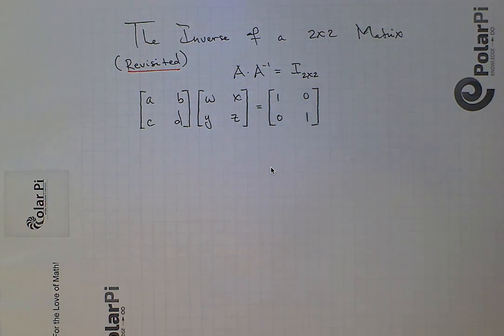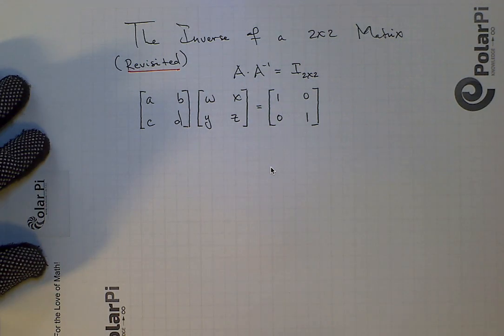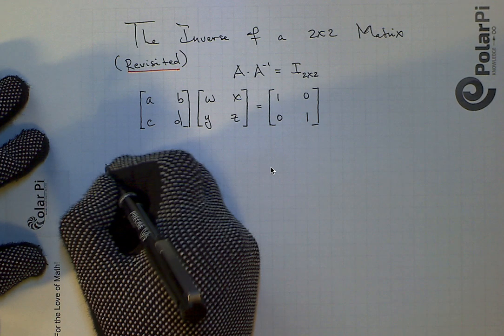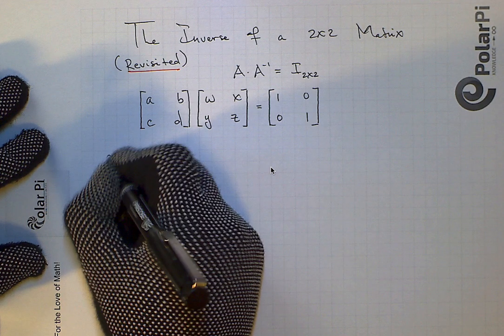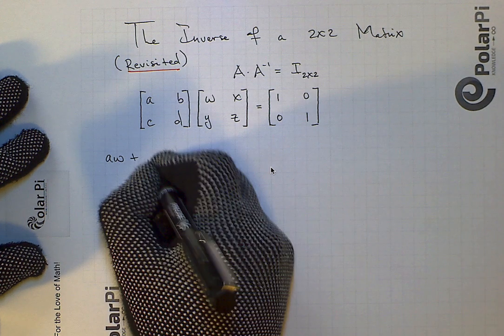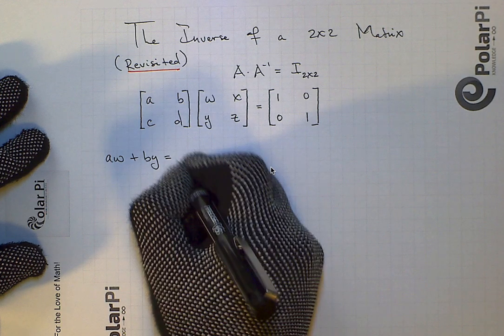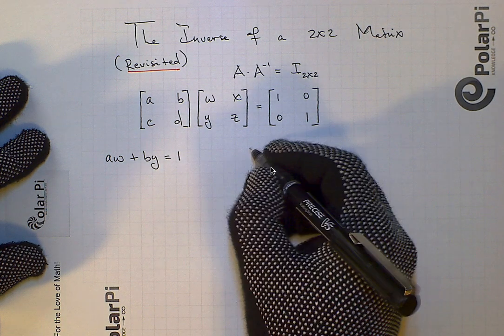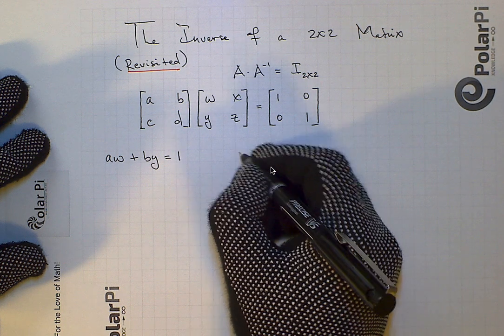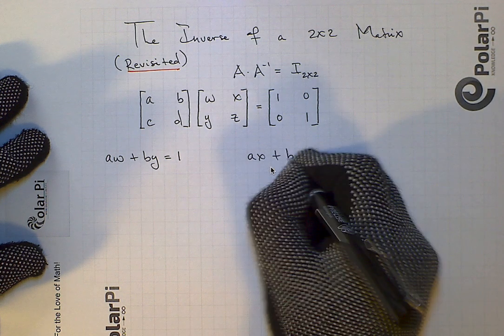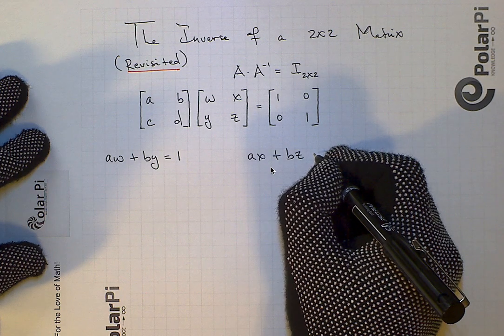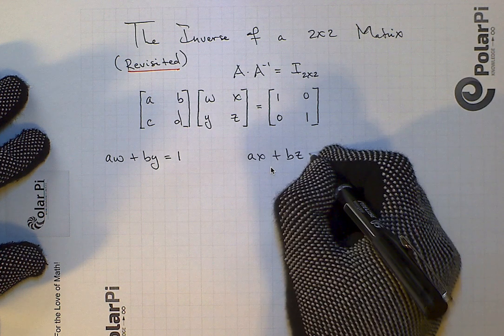Okay, cool. So if we do the matrix multiplication, we have to write 4 equations, the first of which says that AW plus BY is equal to 1. Another equation says that AX plus BZ is equal to 0, right?